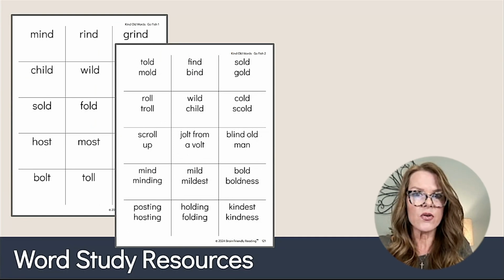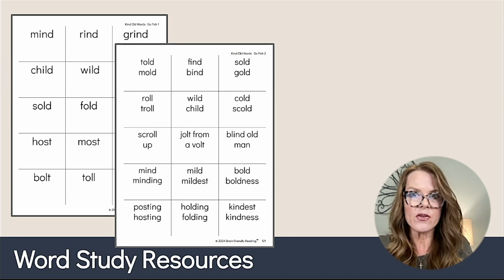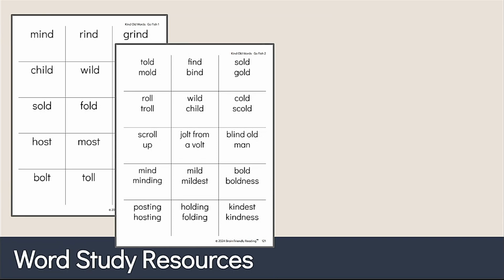Also note that the Go Fish 2 page has been revised, so the word pairs and phrases on each card have the same word family. That again is also going to help with pattern recognition. I'll share a link to a folder that includes the revised Go Fish 2 page and other resources mentioned here.